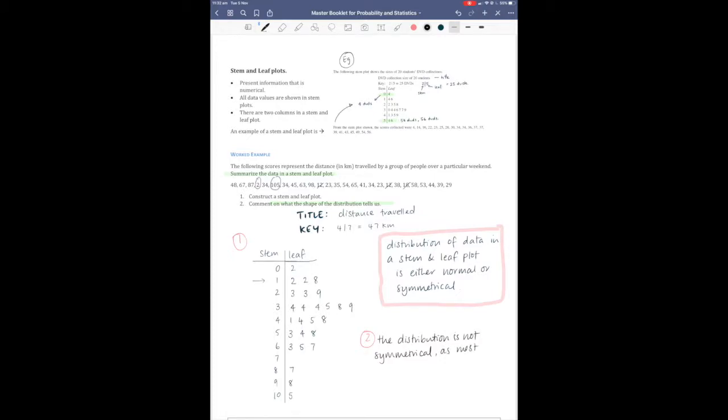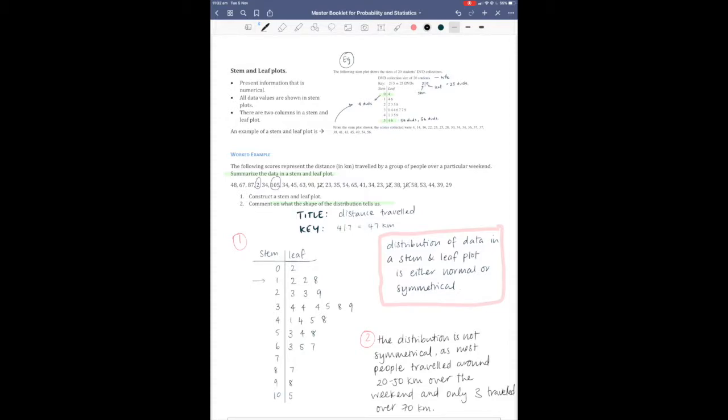So most people here (20 to 50 kilometers over the weekend) over 70 kilometers. So only 3 people traveled over 70 kilometers. So one traveled 87 kilometers, one traveled 98, and the other traveled 105.